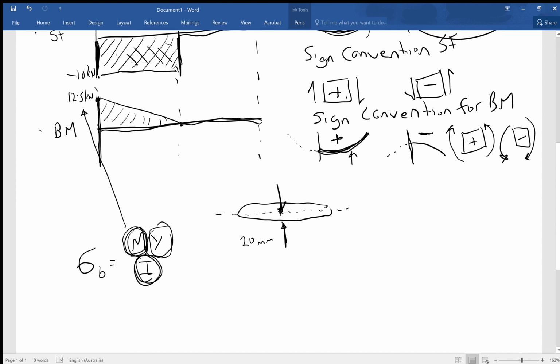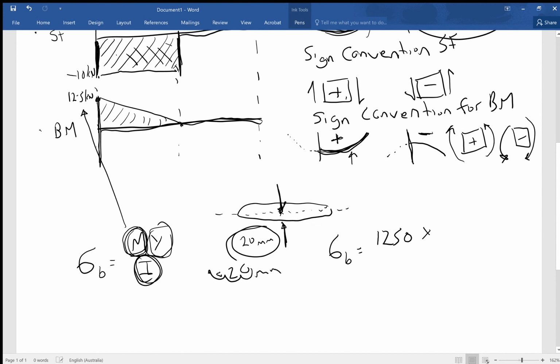So basically what we have to do now is put all of those values in, but express them in terms of the standard units. So our bending moment is 12.5 kilonewtons, which is 12,500 newtons. We need to multiply by y, which is the distance from the lower surface to that neutral axis, and 20 millimeters in meters, you divide by 1,000.